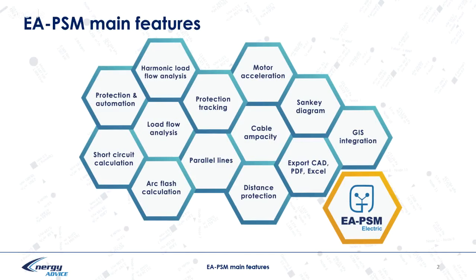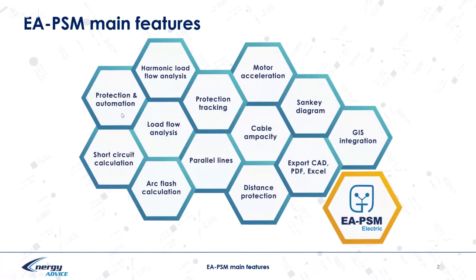There are many functionalities regarding electrical network design in the EA-PSM Electric software. The main ones are load flow analysis, which probably you all know, and short circuit calculations, which are needed for protection coordination, cable selection, and so on.